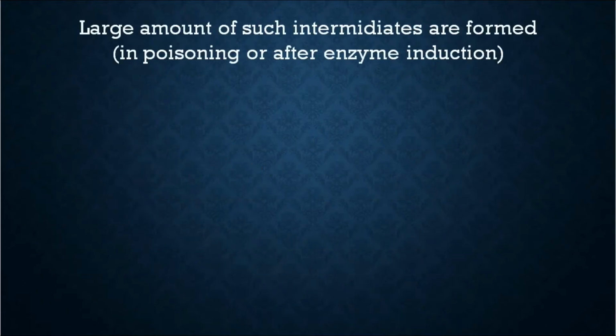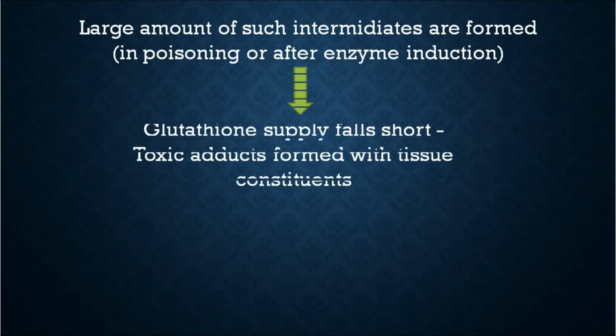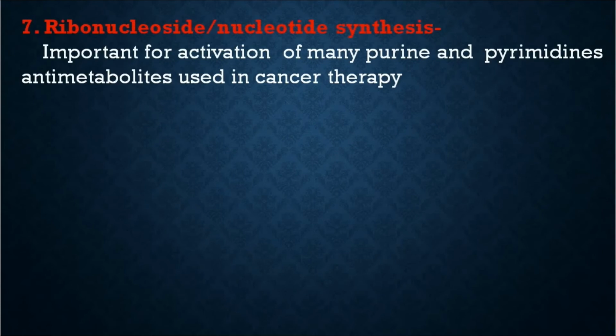In case of poisoning, large amounts of such intermediates are formed, the glutathione supply falls short, and toxic adducts are formed with tissue constituents, resulting in tissue damage. Ribonucleoside or nucleotide synthesis is important for activation of many purines and pyrimidines, antimetabolites used in cancer treatment.